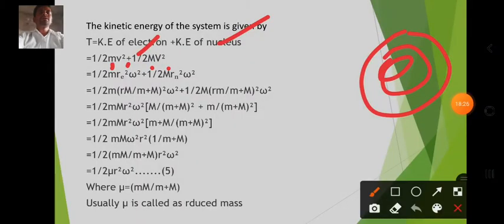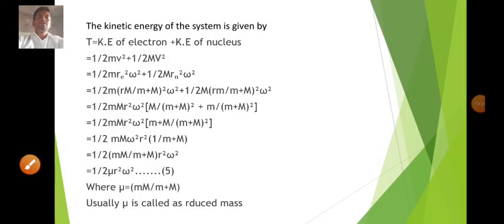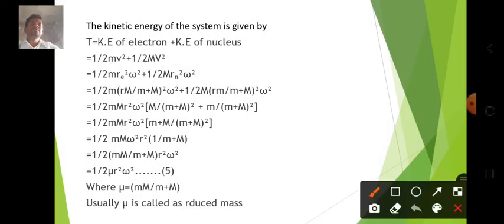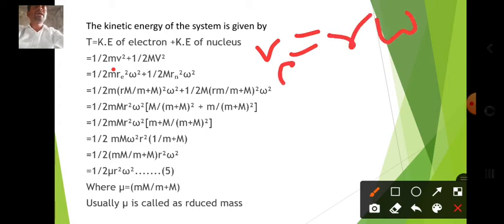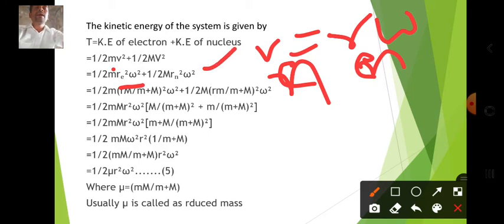Right? And now next, half mv square. But v, the v value I have just now written, is equal to R omega. For the electron Re, for the nucleus Rn: V equals Rn omega. So here those things are substituted, in the place of Re and Rn.